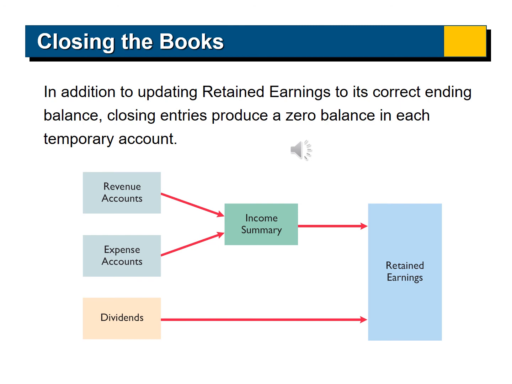Then the balance of the income summary account is closed into the retained earnings by debiting the income summary account and crediting the retained earnings account. The dividends account is directly closed into the retained earnings by debiting the retained earnings account and by crediting the dividends.